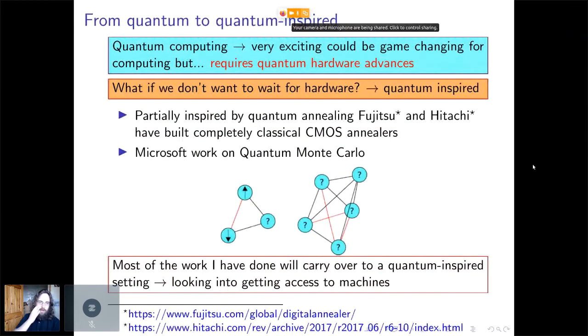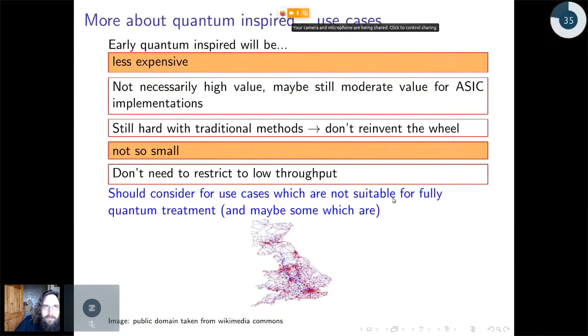One thing that's quickly worth talking about is that there are all kinds of cool things going on with quantum inspired algorithms, algorithms that are inspired by how quantum computers solve problems. For instance, at Fujitsu and Hitachi, those will have slightly different limitations. In particular, you don't need to restrict yourself to such small ones.